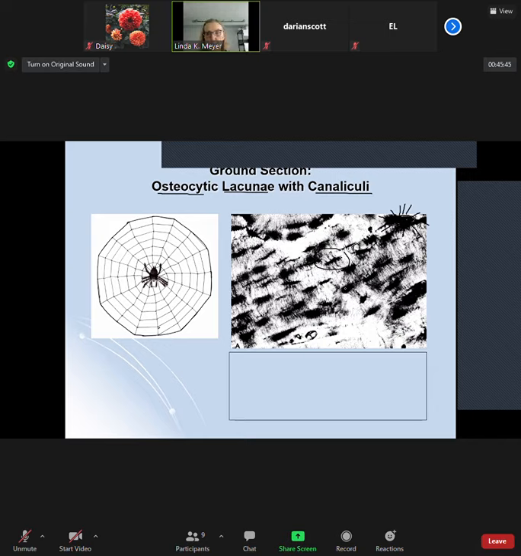So how do I know that this is actually bone from this ground section? First of all, the lacunae are dense. In other words, they're more numerous. There are a lot of them. They're all over in this tissue.